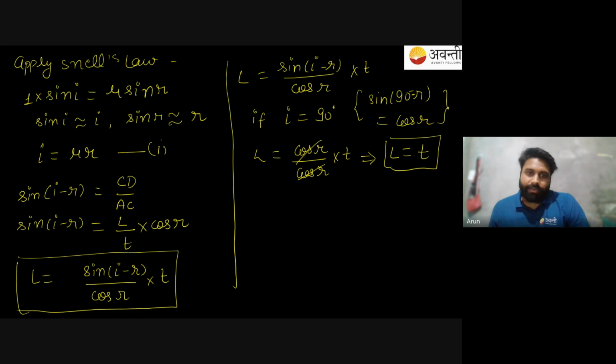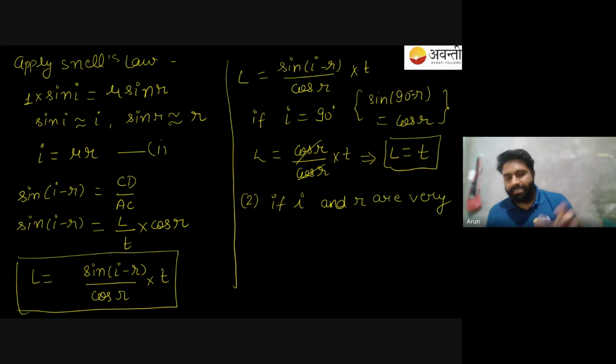Now the second case: if the angle of incidence i and r are very small, for paraxial rays. Just remember it, very small.